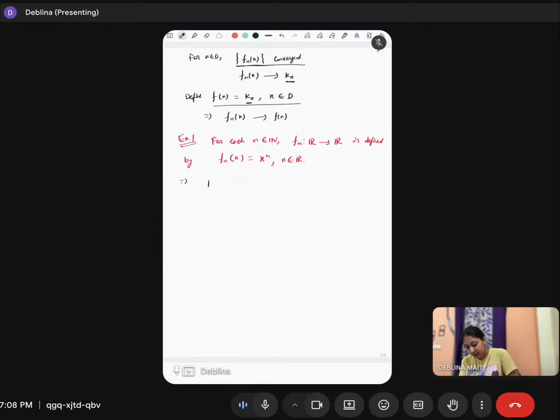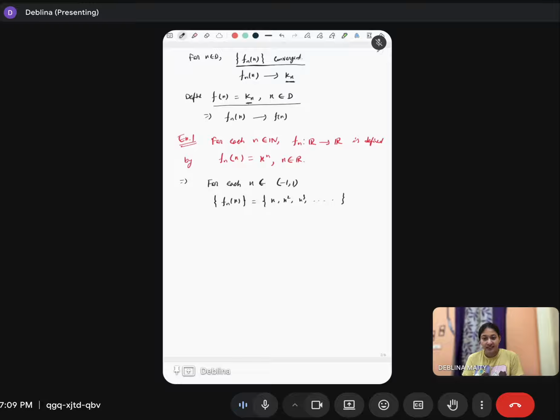Now we see that for each x belonging to the open interval -1 to 1, what is the sequence fn(x)? fn(x) is x, then x squared, x cubed, and so on.